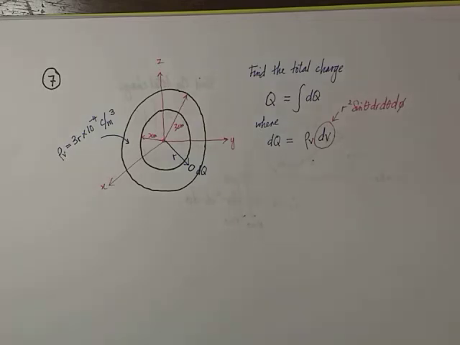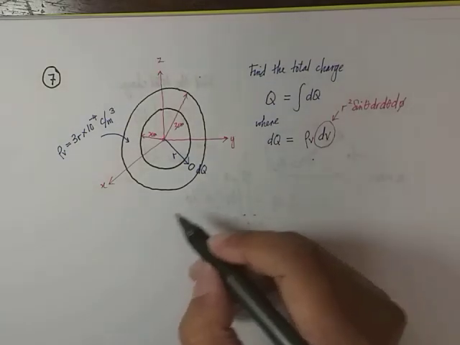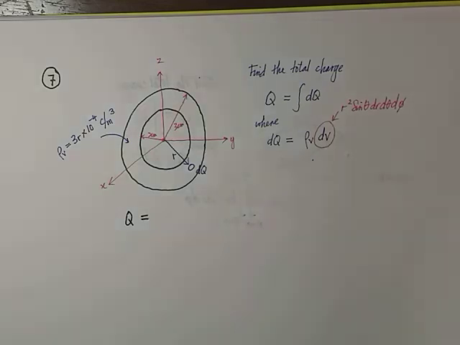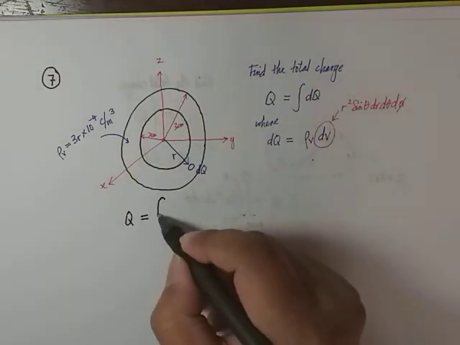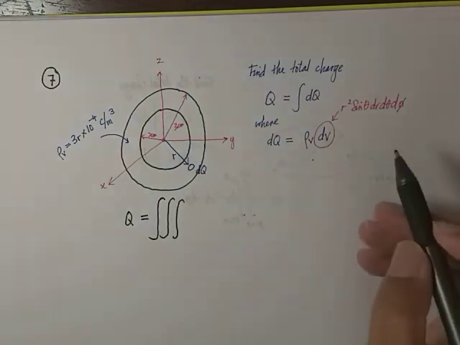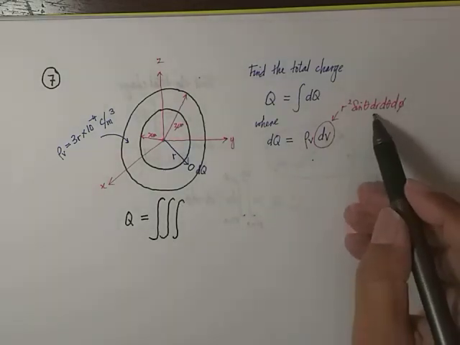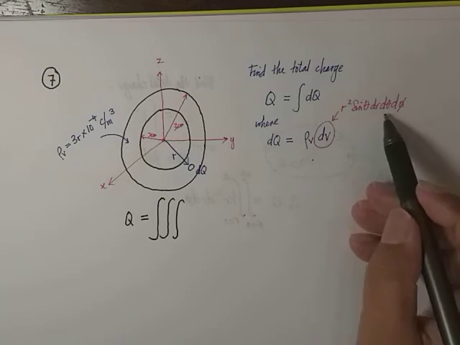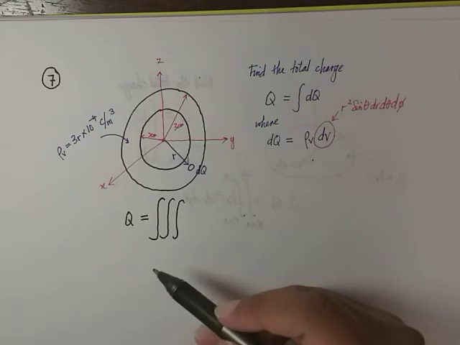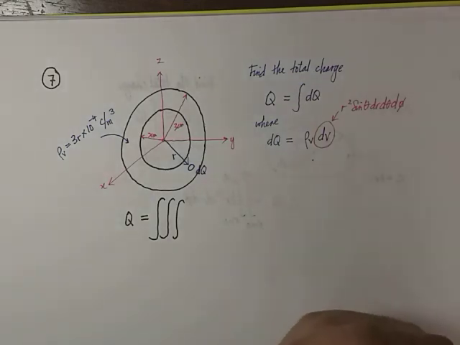So now we can simply substitute. Our Q should be equal to a triple integration, because the problem depends on r, and also on theta, and also on phi. Therefore, we need the triple integration symbol to consider all the related variables.